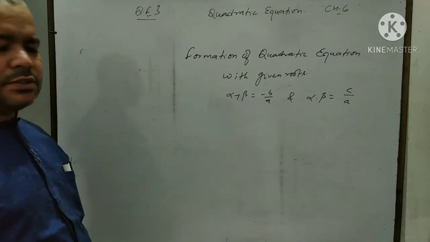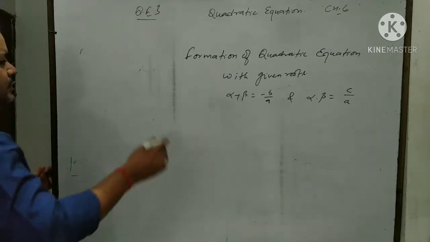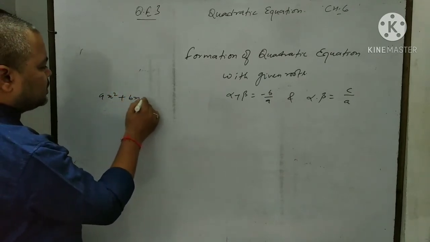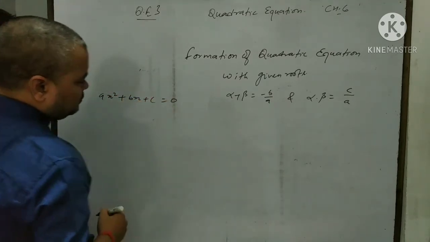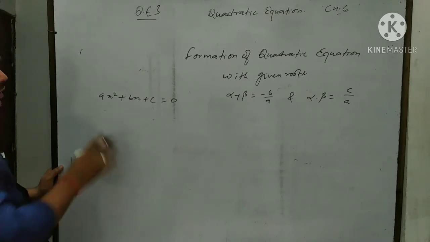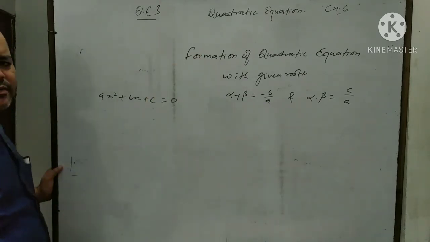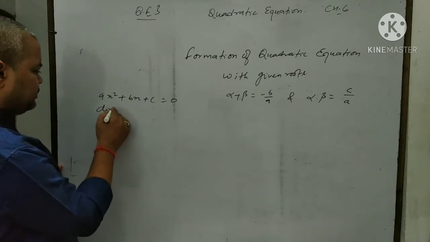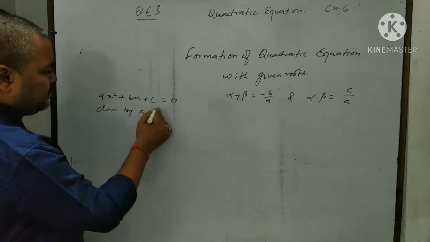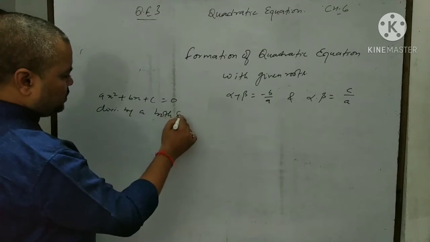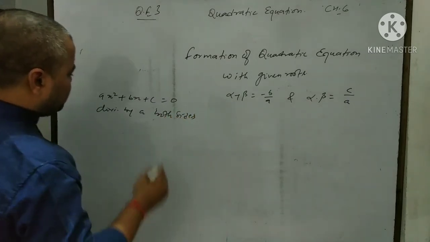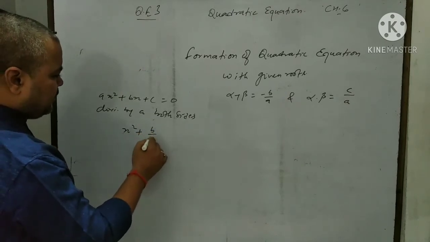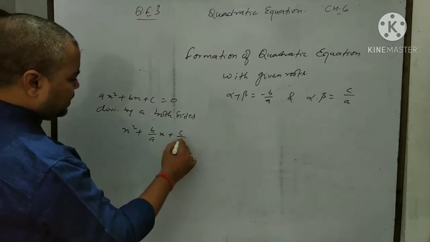We already proved it. And standard form of the quadratic equation is ax square plus bx plus c is equal to 0. Okay. Dividing both sides by a, then it will take this form: x square plus b by a x plus c by a is equal to 0.